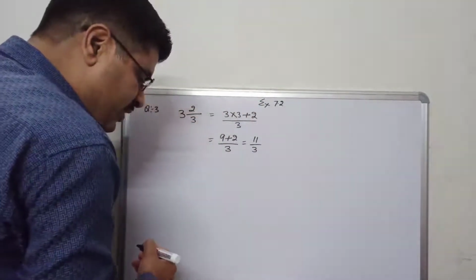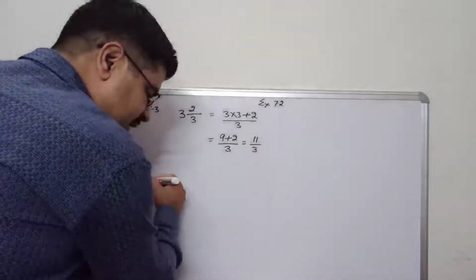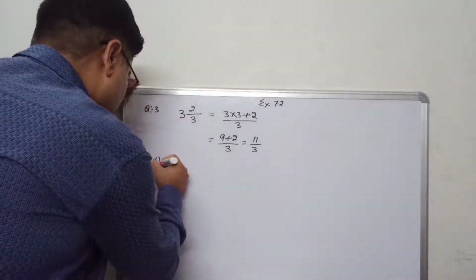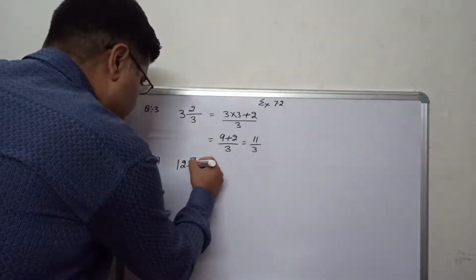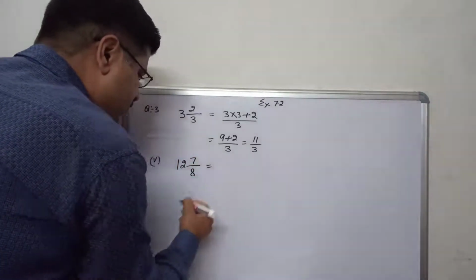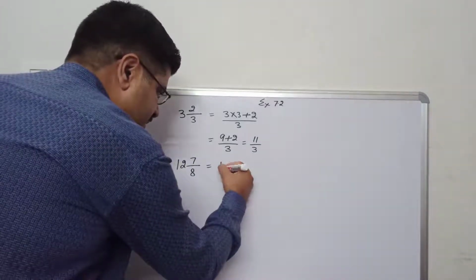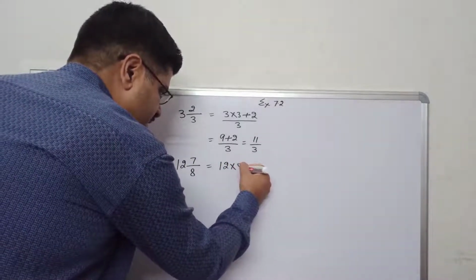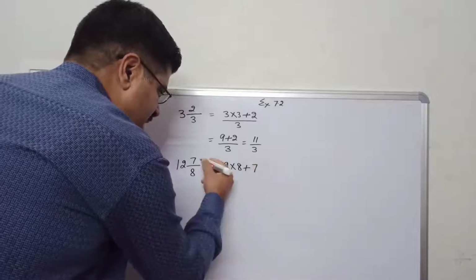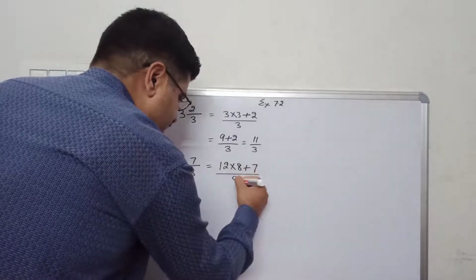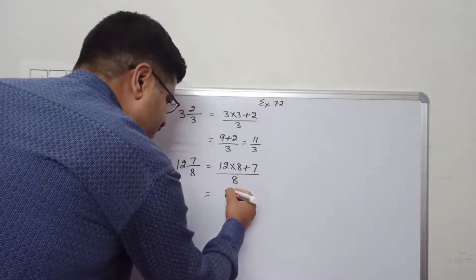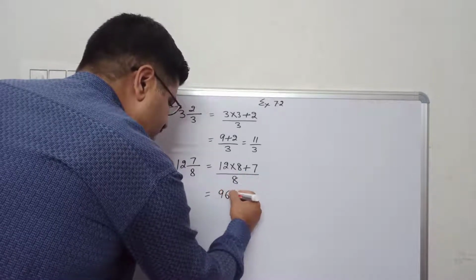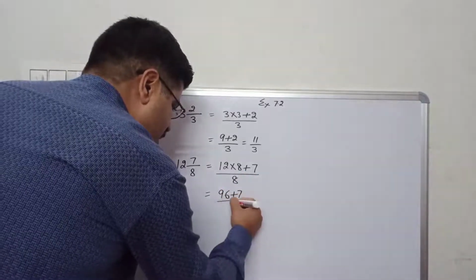Let us take one more example. It is the fifth part. The fifth part is 12 whole 7 upon 8. So it will be equal to 12 into 8 plus 7 divided by 8. 8 2s are 16, 8 1s are 8 plus 1 is 9, so 96 plus 7 upon 8.